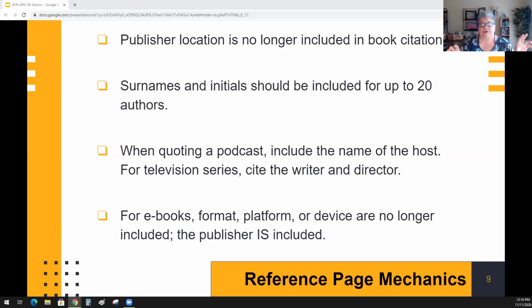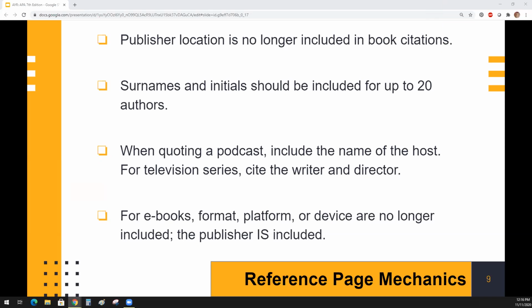Gotcha. Yes, you would never put 20 authors in an in-text citation, even in old APA. Okay, that's what I thought. Yeah, that would be horrible, wouldn't it? Oh my goodness. Yes, my entire page would be just one citation. Yeah, no, this is for the reference page, and that's for in-text. Does that make sense? Yes, okay, thank you. Great, you're welcome. I'm sorry, I should have made that more clear because that would be terrifying.